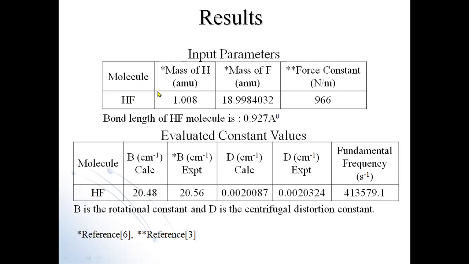The mass of the hydrogen atom is given in atomic units, the mass of the fluorine atom is given in atomic units, and its force constant is given here. So these input parameters you have to select. Of course, it will be given, and the bond length of the HF molecule is also given to you. It is 0.927 angstrom.